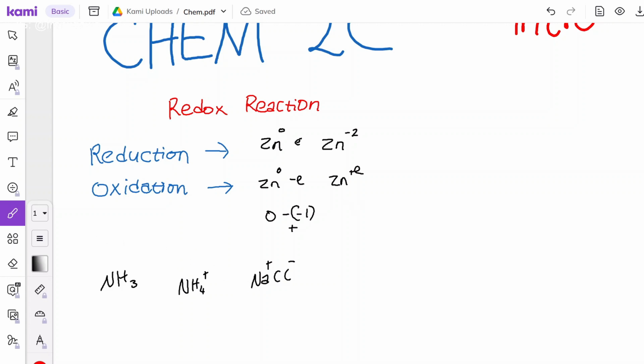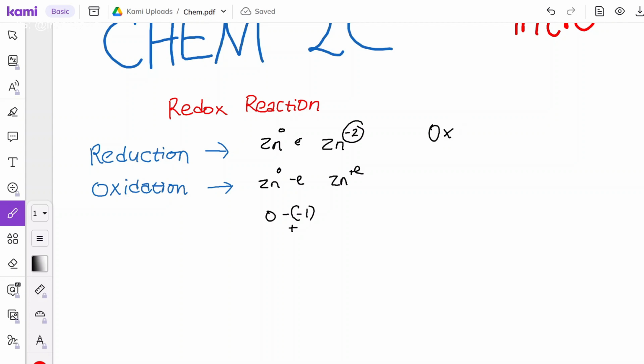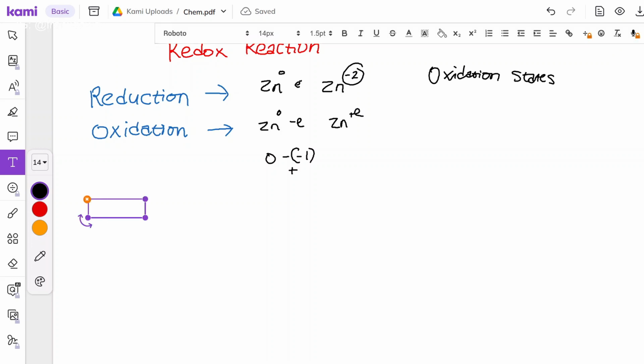But you don't have to particularly remember these, as there are ways of determining the charge of specific elements, which they call oxidation states. There are certain rules to determine the oxidation states of most elements and compounds in general.